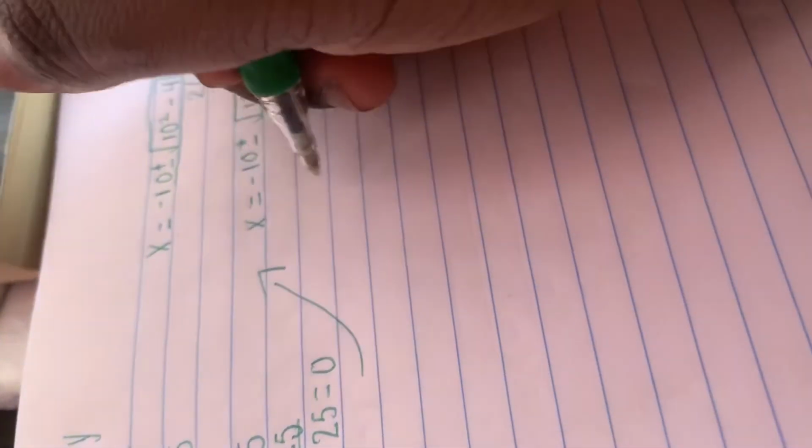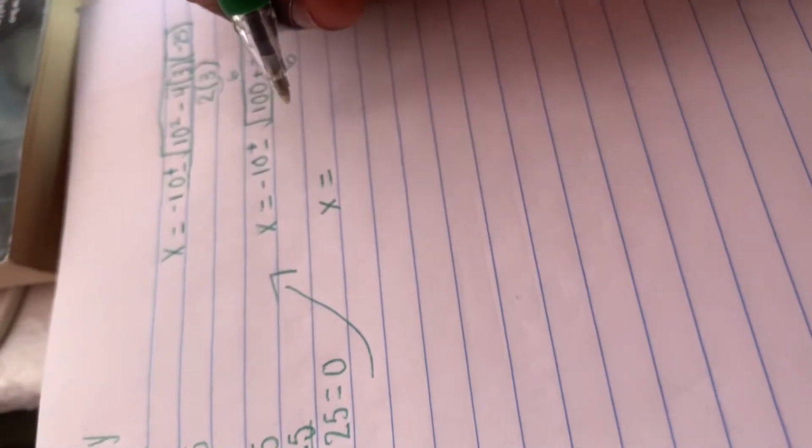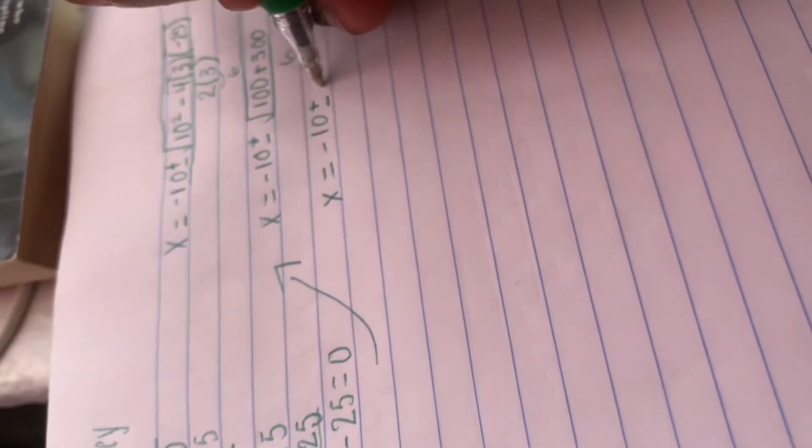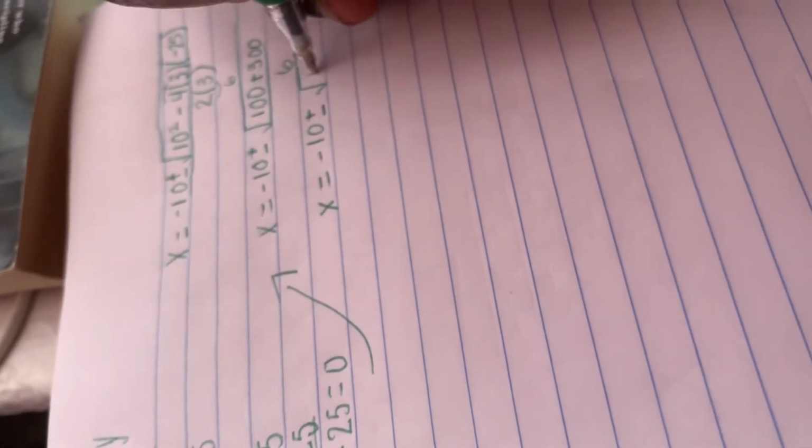Then we're going to go down again. We have x equals negative 10 plus or minus. So right now we're going to do 100 plus 300, and then we're going to get the square root of 400 divided by 6. So now we're going to have to divide right here.